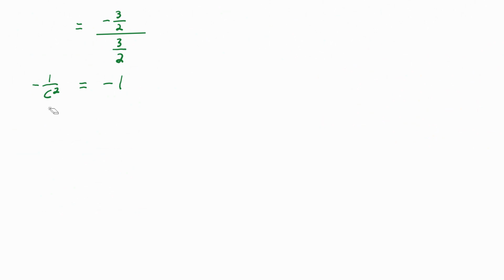And of course, we can multiply both sides by negative 1 to clear out the negative, and then we can cross multiply the c squared, so we would have 1 equals c squared, which is the same thing as saying c squared is equal to 1, which by the square roots property tells us that c is equal to plus and minus 1.